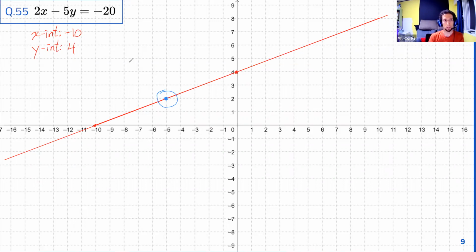So we can just substitute that in and see what happens. We would get 2 times -5 and then -5 times 2 is equal to -20. What do we get? -10 minus 10, -20. So yes, it seems to work.